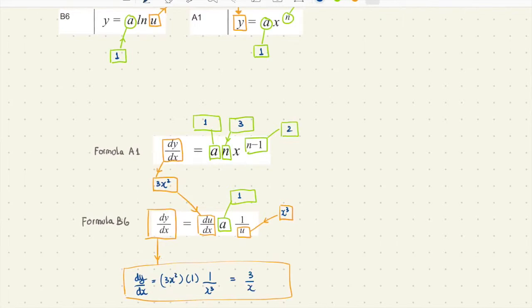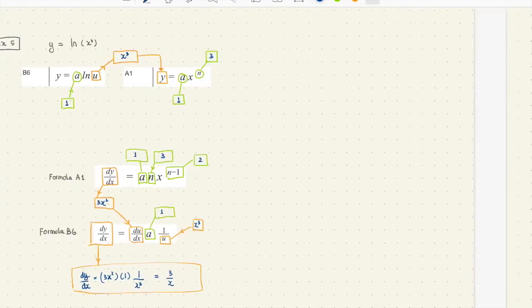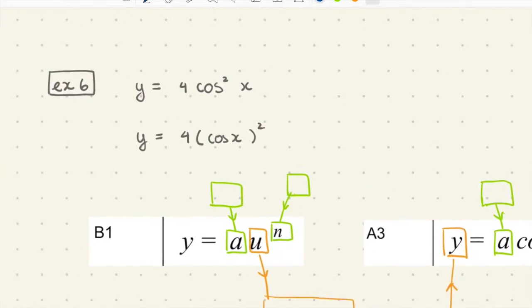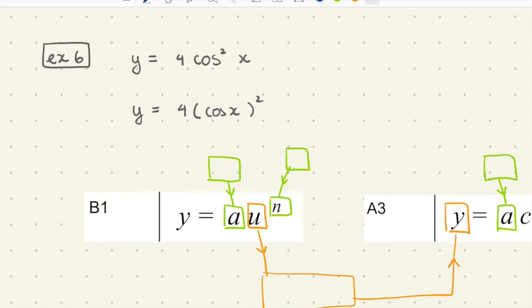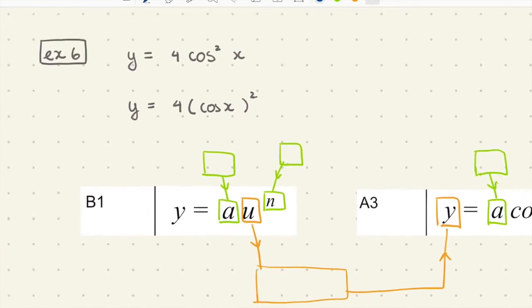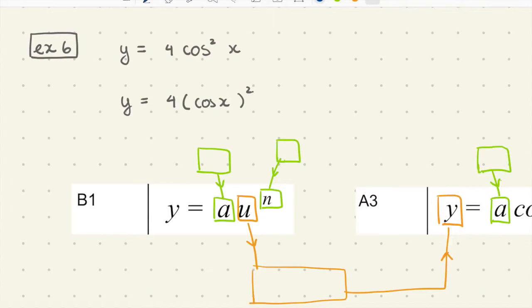Now we continue to example 6, y equals 4 cosine square x. Some of the students might get confused with this. 4 cosine square x simply means 4 times cosine x squared, the square applied to cosine x. The formula that is suitable to differentiate this equation is B1.